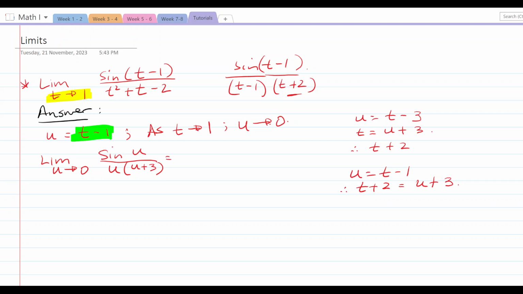So this limit is also equal to the limit as u approaches 0 of, in brackets, sine u over u, multiplied by 1 over u plus 3.